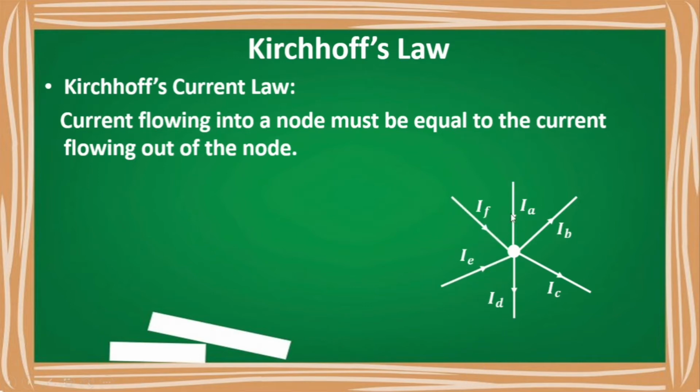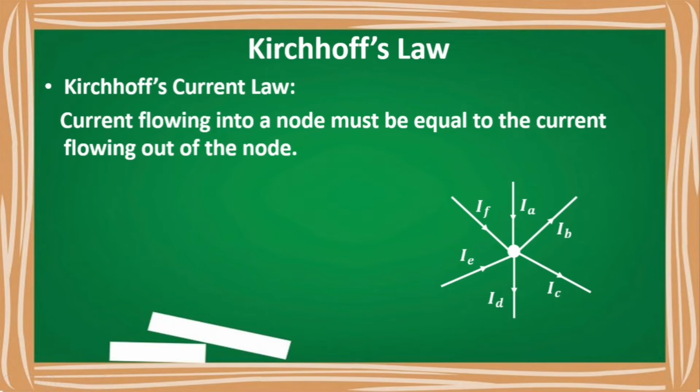You find the current that is coming towards the node is known as the incoming current, whereas the current that is going away from the node is the outgoing current. So we find IA, IE and IF are all incoming currents, while IB, IC and ID are all outgoing currents.